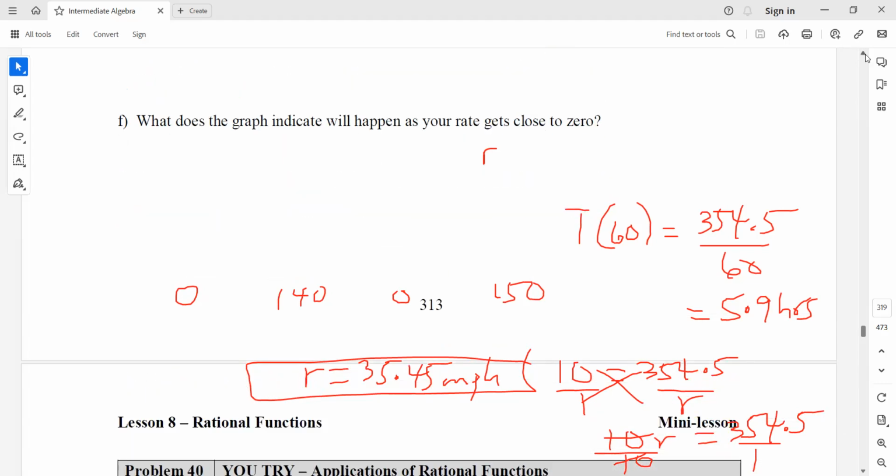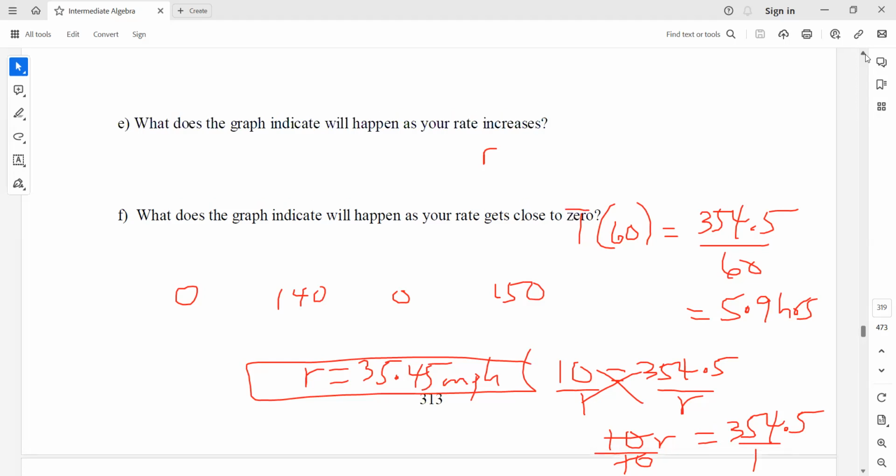Now, E says, what does the graph indicate will happen when your rate increases? When your rate or your speed increases, what happens? Your time decreases. So as R increases, T decreases, okay? Now, what about F?